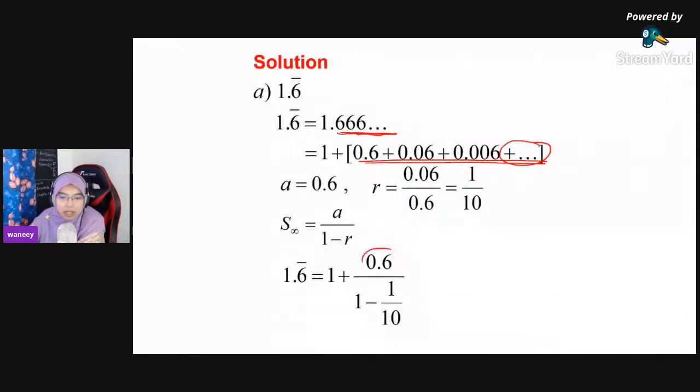So this is A. And then this is R, 1/10. So we substitute 1.6 with a bar, that is actually 1 plus A 0.6 over 1 minus 1 over 10. Okay, so now simplify your right hand side, simplify this term. So you are going to get 6 over 10 over 9 over 10, and then simplify this fraction.